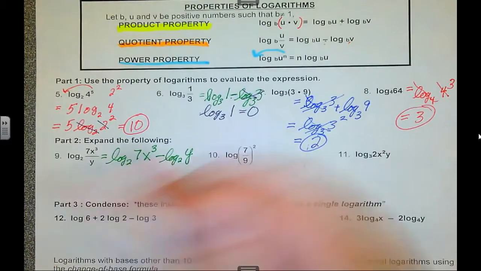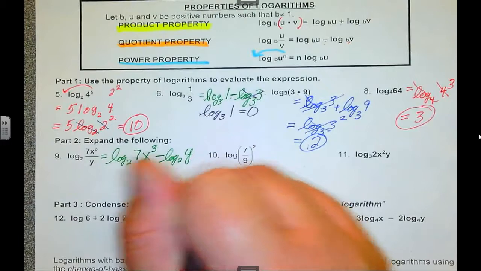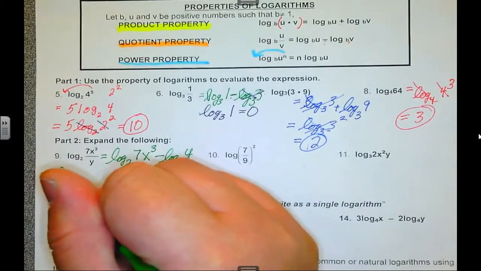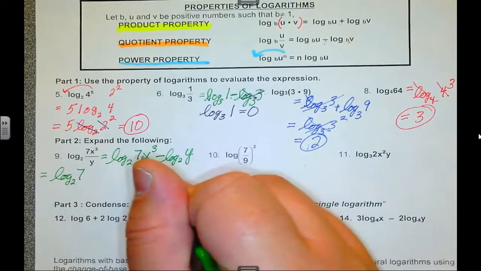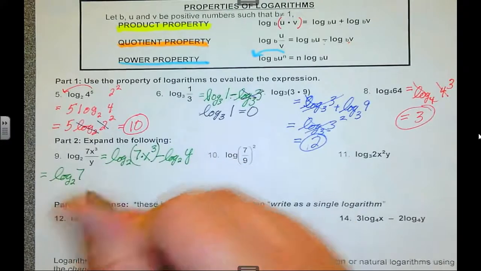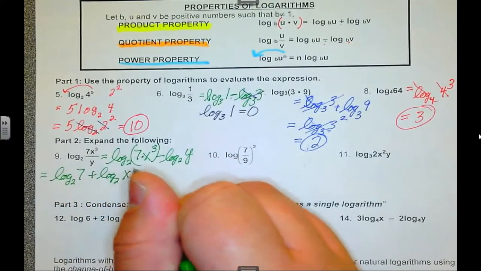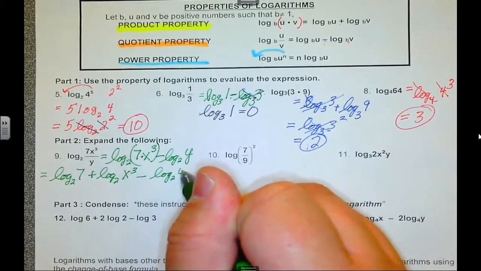Now I'm going to use my product property. I'm going to separate these. So this equals log base 2 of 7, because this is multiplication here, right? Plus log base 2 of x cubed minus log base 2 of y.